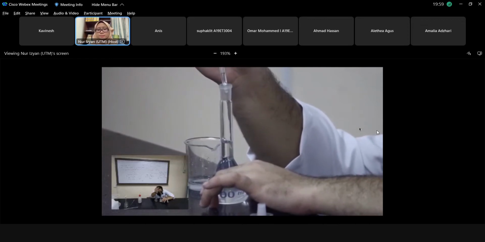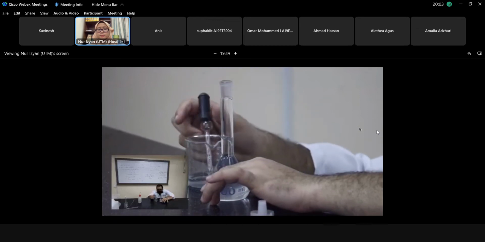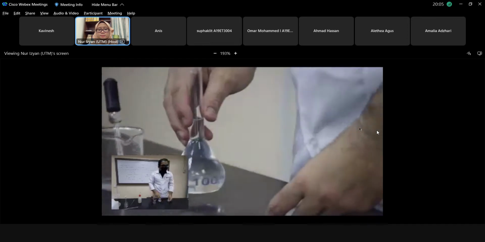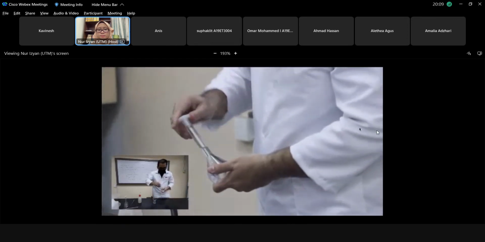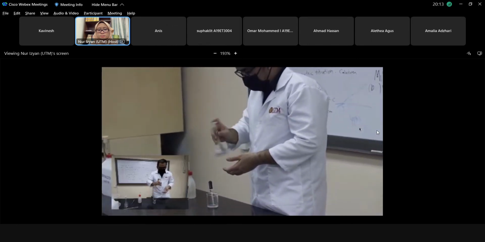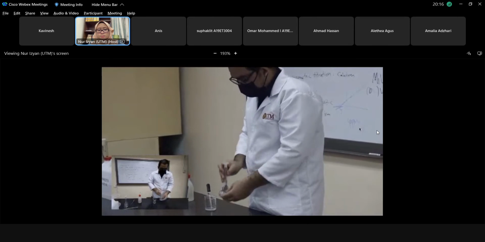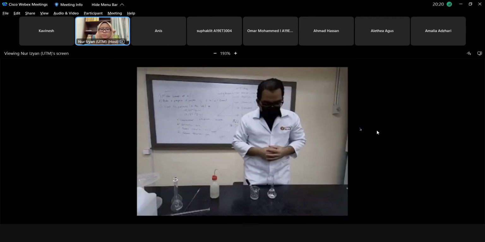Just a little bit, one more drop to go. Yeah, that's it. Fantastic. Now, put on the cap and make sure that you mix the solution by flipping this up and down several times to make sure the homogeneity of the solution is prepared. Now you have the 1000 ppm stock solution.